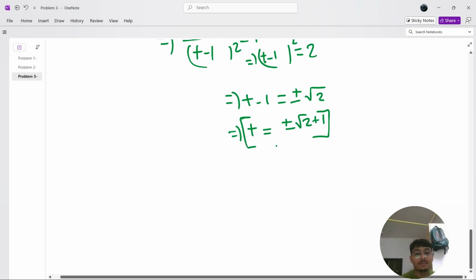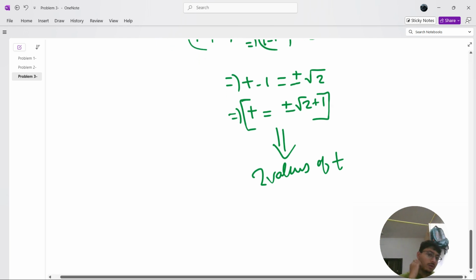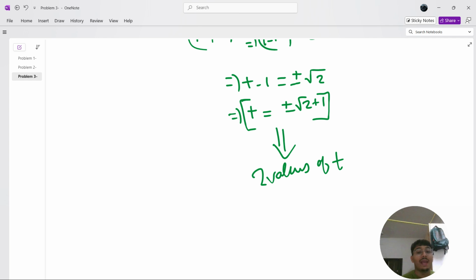Now this has a very high significance: two values of t. Why two values of t? Because within these two values of t, for one t we will be having the maxima, and for another t we will be having the minima.